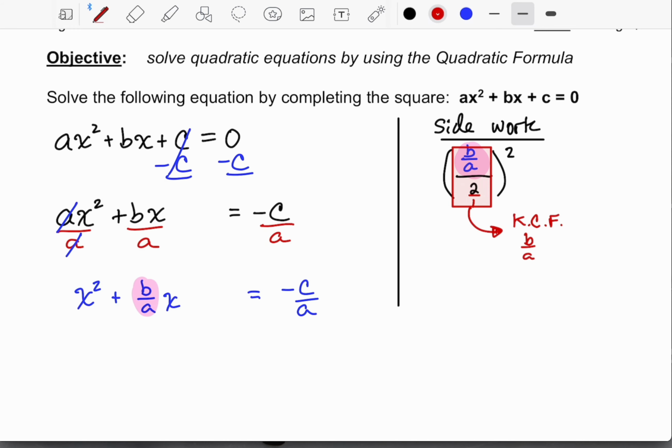B over a times, instead of 2 over 1, 1 over 2. That's going to give me b over 2a. That expression is the simplified form of whatever is in the parentheses here. So now I have b over 2a as a quantity squared.